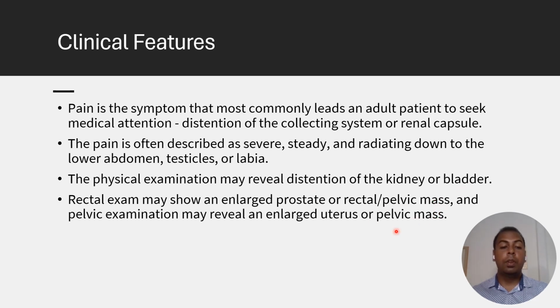Pelvic examination may reveal an enlarged uterus or pelvic mass. An enlarged uterus may be from uterine fibroids, for example. Pelvic masses from the cervix, remember, cervical cancer, cervical masses could also obstruct the ureters in female patients and cause hydronephrosis. So this is something that we should be aware of also.